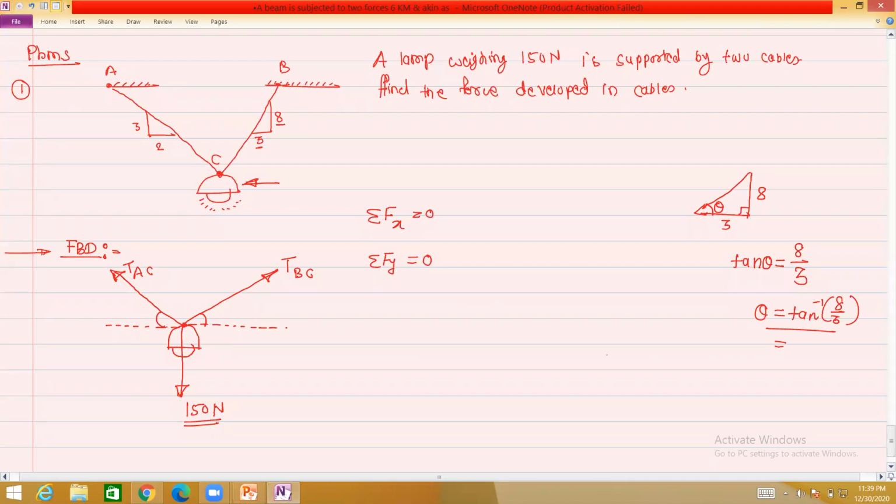So this angle is 69.44 degrees. For the second triangle, the dimensions are 3 and 2. Suppose this is theta. Then theta will be tan inverse of 3 upon 2, which is equal to 56.31 degrees.